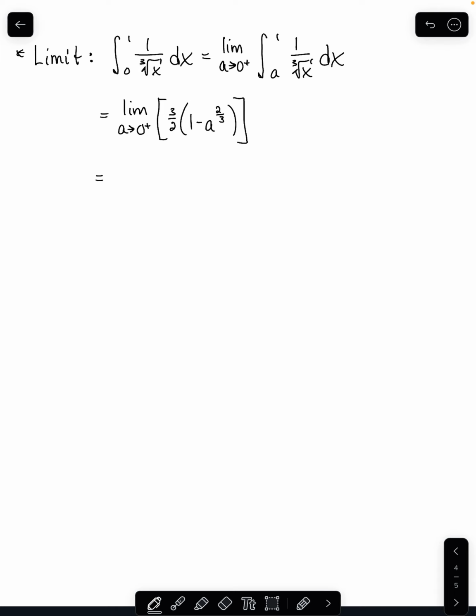The 3/2 is a constant multiple, and thus it is unaffected by the limit, and is simply present as a constant multiple of the answer.